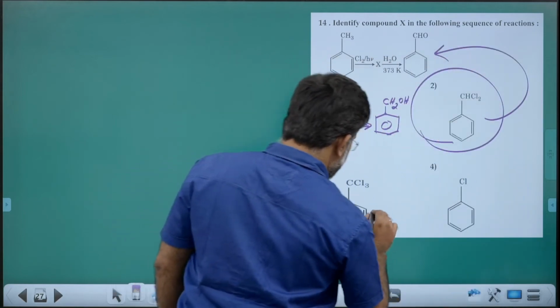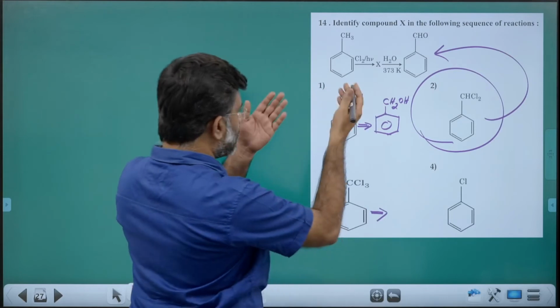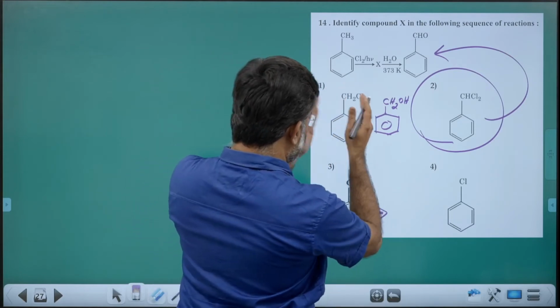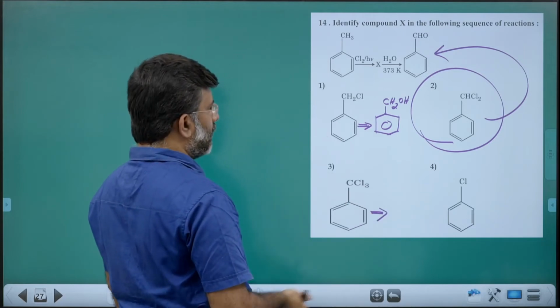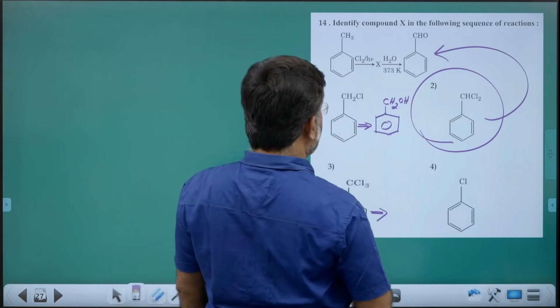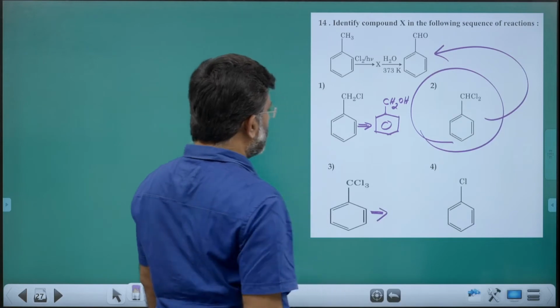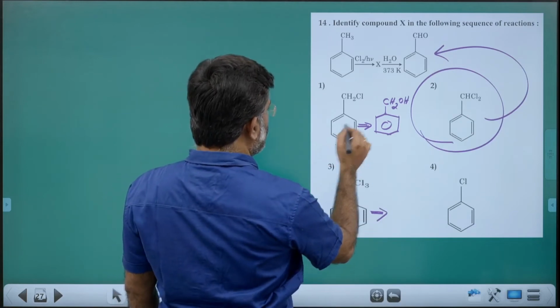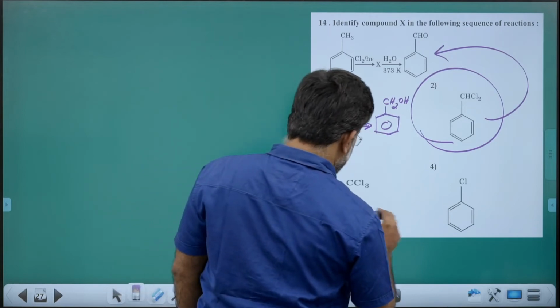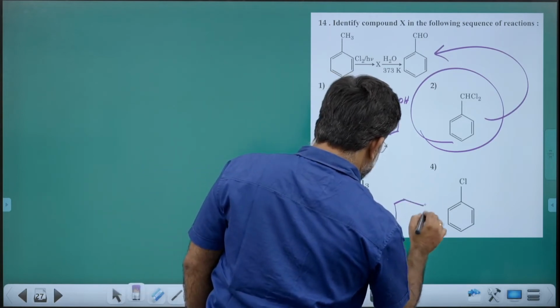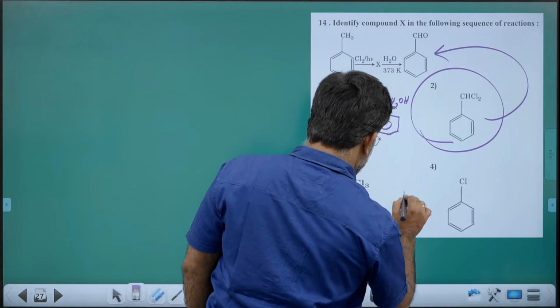See, X can be this, this and this. Here, X is this because this only can give you this. Suppose X is this, you get benzyl alcohol, which is not in the question. Suppose X is this, you get benzoic acid.